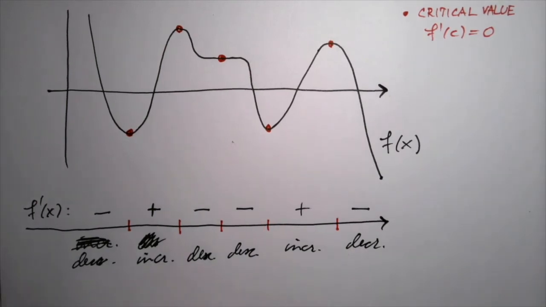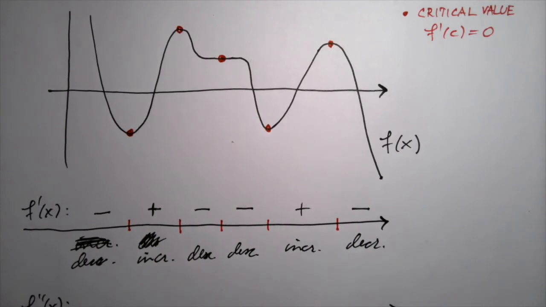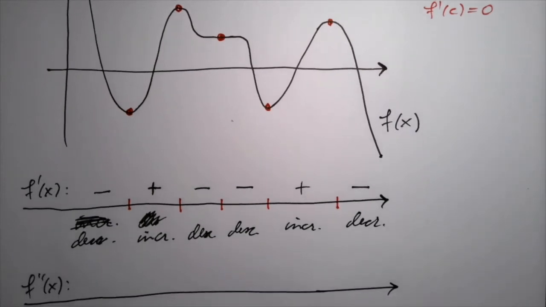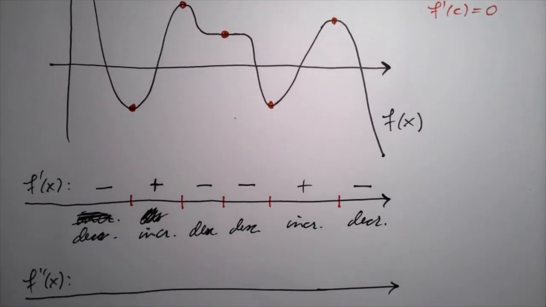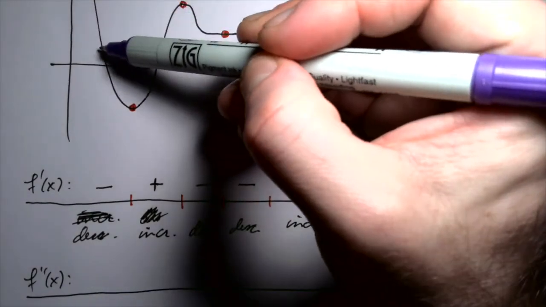Let's play the same game for the second derivative. What can we read off of the graph about the second derivative? Okay, well, first of all, I'm going to go through and find the spots where the concavity changes. These are called inflection points. So here, this is all concave up.